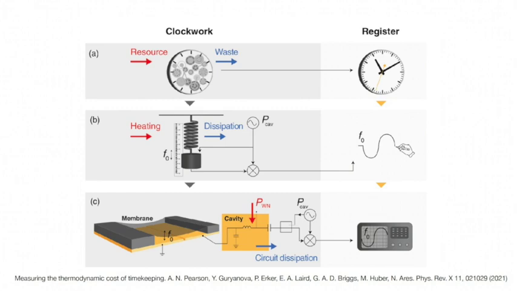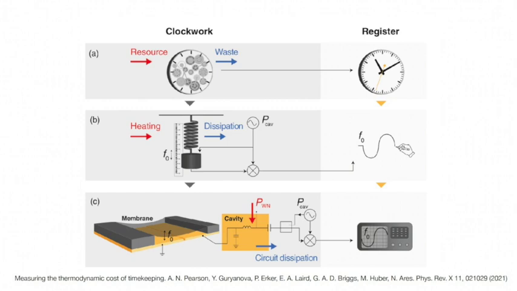We will try to identify this with the model that I showed you before. That was the beginning of the collaboration, them giving a talk about an experiment where they can drive this membrane with white noise. And so this would be our heat bath, the source of energy that allows us to keep the clockwork running.